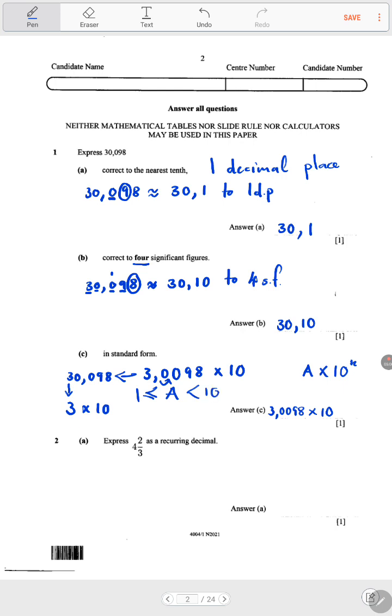And here you're going to realize here we have 1, which means our n in this case will be equal to 1. So this is how you express this as a number in standard form.